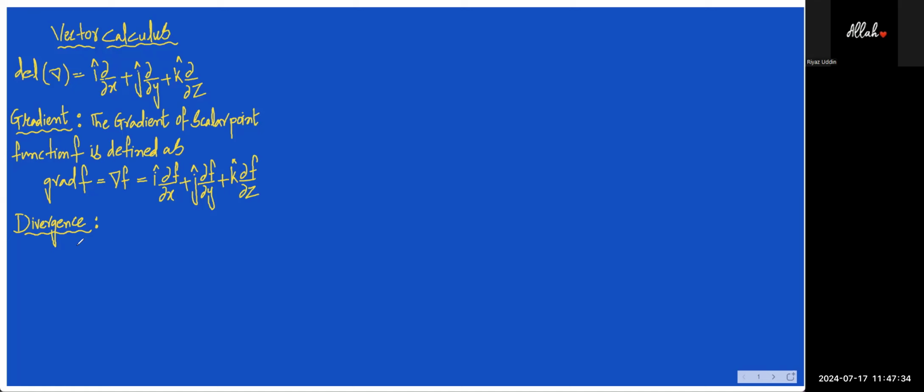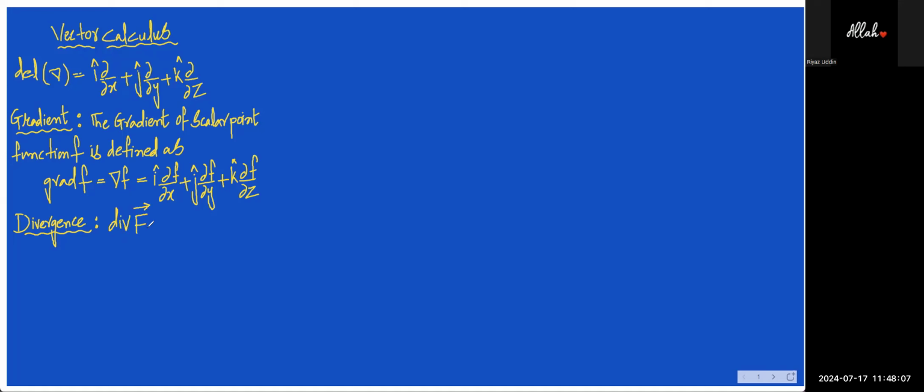Now next we have to discuss the divergence. What I said is this class will continue effectively only if the students give me answers, otherwise it will not become effective. Okay, divergence, I don't want to write in detail. Divergence of any function f will be denoted with div f.